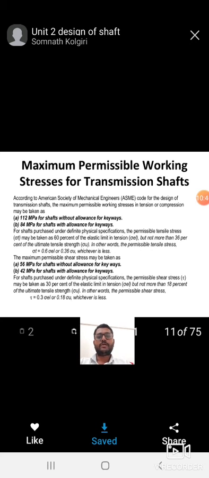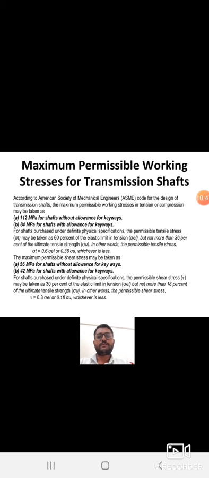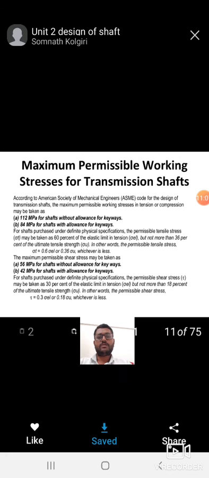For shafts purchased under definite physical specifications, the permissible tensile stress sigma T may be taken as 60% of the elastic limit in tension but not more than 36% of the ultimate tensile strength. In other words, the permissible tensile stress sigma T equals 0.6 sigma EL or 0.36 sigma ultimate, whichever is less.